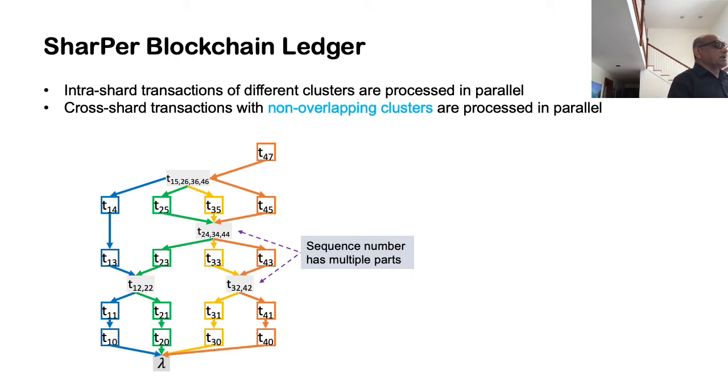So for example, this particular transaction T12, T22 is dealing with both the blue and the green shard, and similarly this transaction is dealing with these transactions. As a result, the view of the blockchain becomes a directed acyclic graph, where the transactions are not maintained in a total order, but in a partial order. Okay, and the ordering is determined by the cross-shard activity that is happening here. So for example, here is a transaction which involves all 4 shards, and therefore it is ordered with respect to all the activities in the 4 shards.